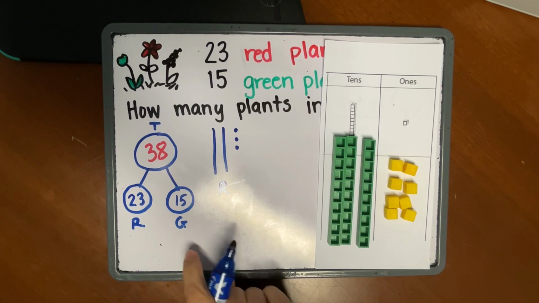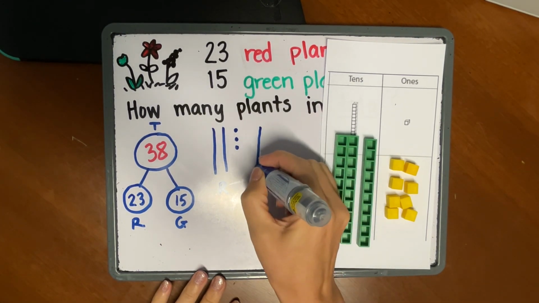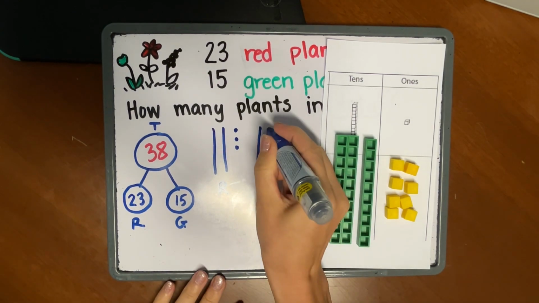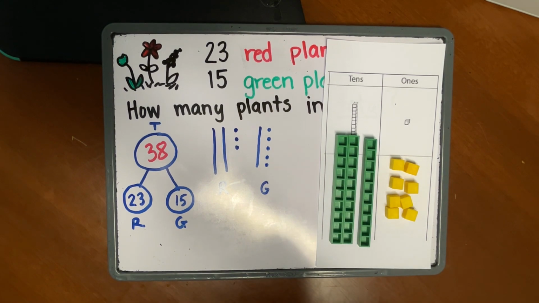And how would I draw the green? Well, I had 1 long is 10 and 5 is 15. That's a really efficient and fast way.